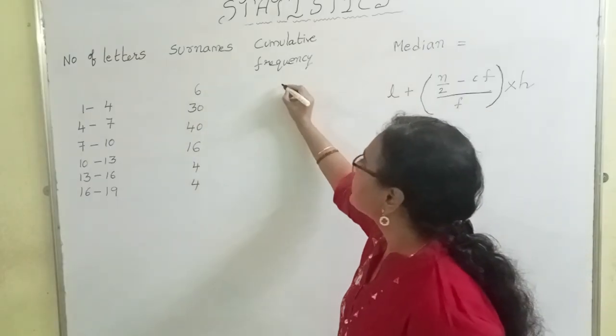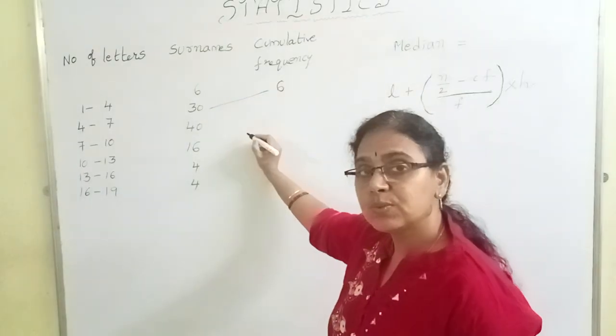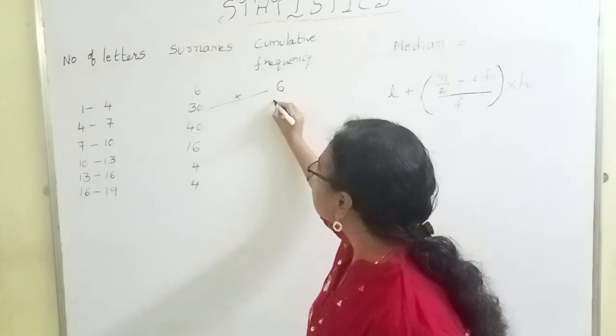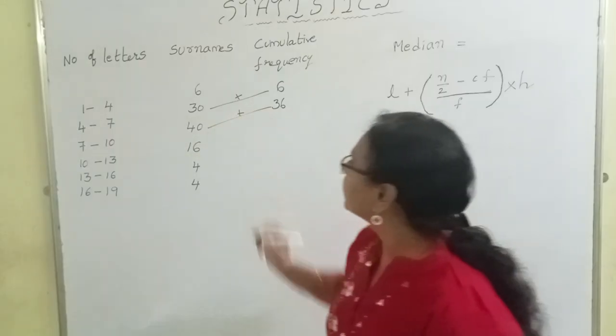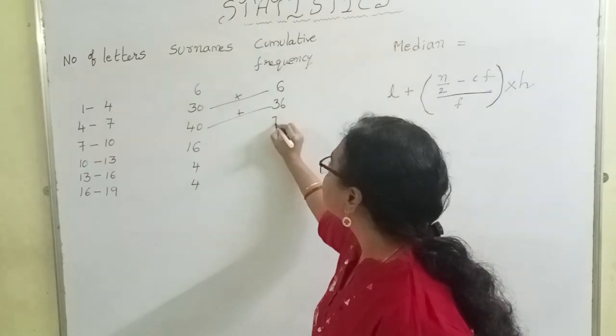The first number is 6 as it is. Next, 6 is added with 30. How much will we get? 6 plus 30 is 36. Again, 36 is added with the next number. 36 plus 40, how much? 76.